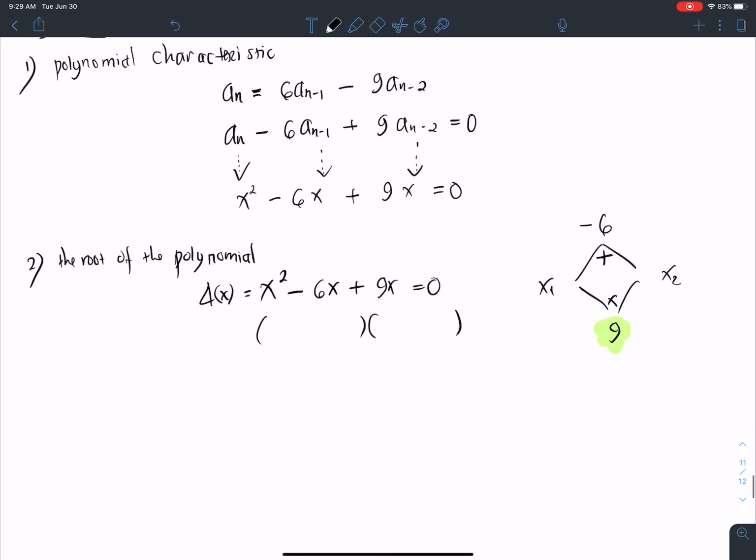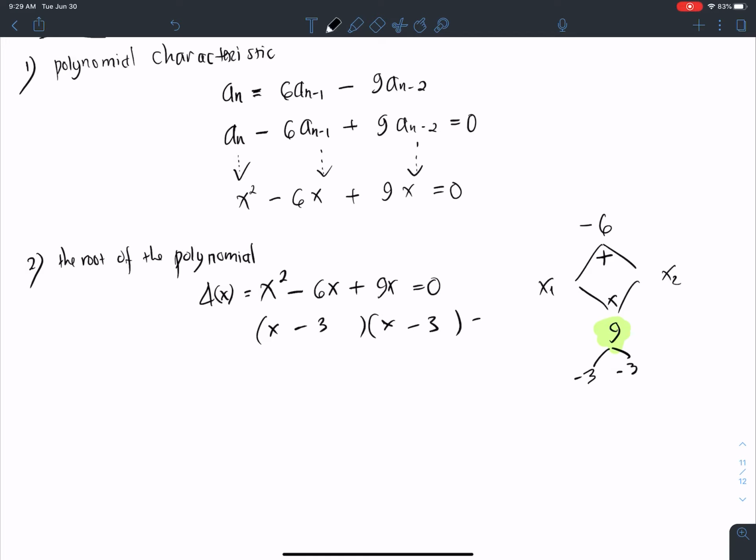If you factorize 9, it should be 3 times 3. But 3 plus 3 is equal to 6, and we are expecting minus 6. So instead of 3 we use minus 3 and minus 3. Minus 3 plus minus 3 becomes minus 6, and minus 3 times minus 3 becomes positive 9. So we get (x - 3)(x - 3).